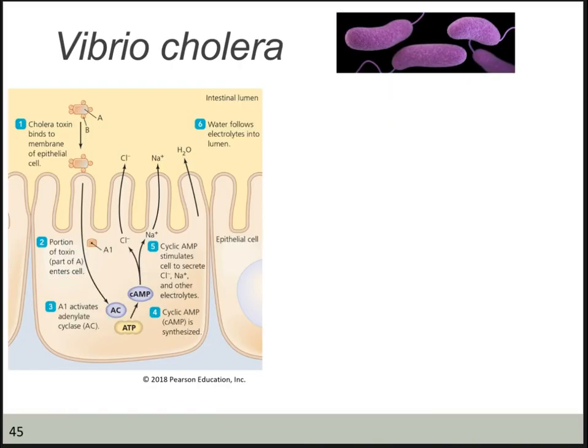Okay, now we're going to move on to Vibrio cholera. Vibrio cholera causes a large number of outbreaks throughout the world, and it's typically associated with things like natural disasters. In those cases, people who are coming in to help people recovering from a natural disaster often bring Vibrio cholera with them, which is interesting.